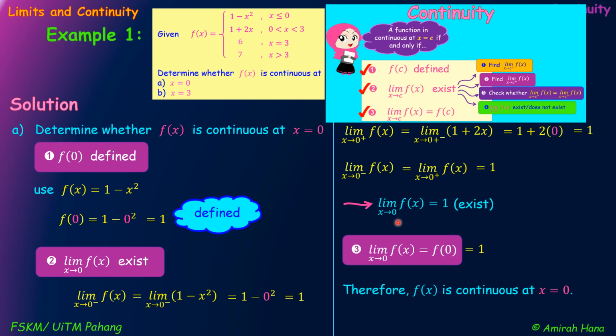Then we can conclude that the limit exists or does not exist before we proceed with condition number 3. And if condition number 3 is also passed, we can conclude that the function f(x) is continuous at x equals 0.